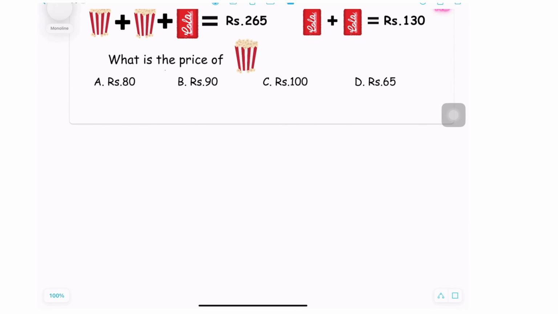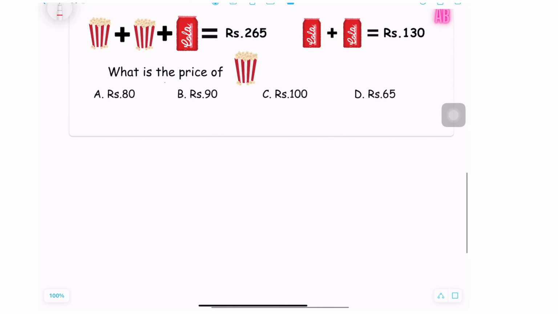Okay, so this is the next question on your screen, and this is a bit of a tricky question. It involves division and subtraction. Okay, so let's try to do this question together. So here is equation number 1. The price of 2 popcorn plus 1 cola is rupees 265, and the price of 2 cans of cola is 130, right?